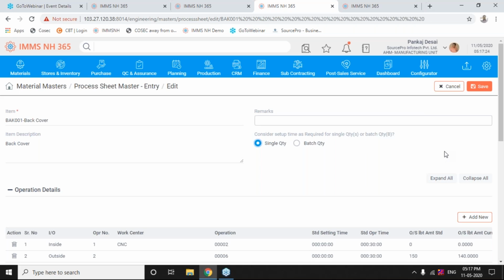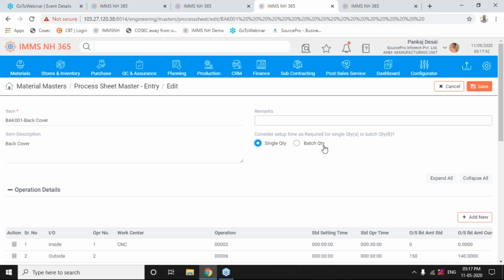So wherever setup time is for single quantity operation or batch quantity, that needs to be defined, and the corresponding effect goes to the contribution of the shop and ultimately to the costing of the product.